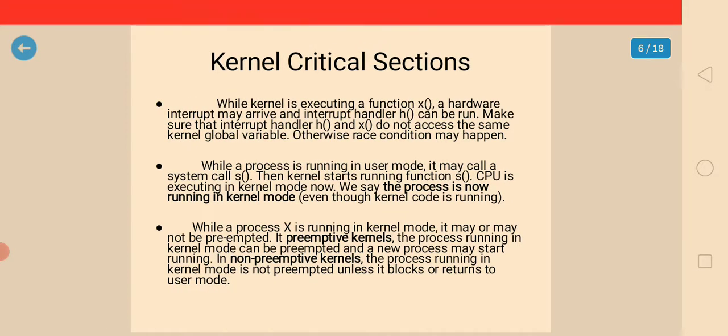What does preempted mean here? In a preemptive kernel, a process running in kernel mode can be preempted, and a new process may start running. A preemptive kernel allows a process to be removed and replaced while it is running in kernel mode.